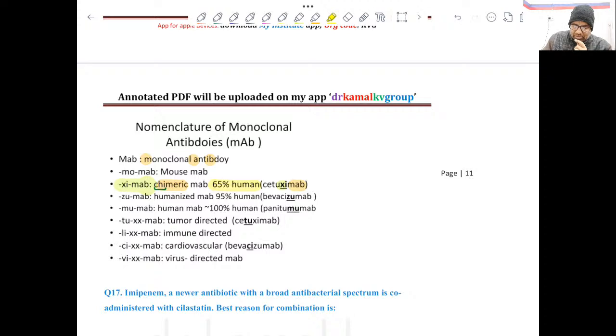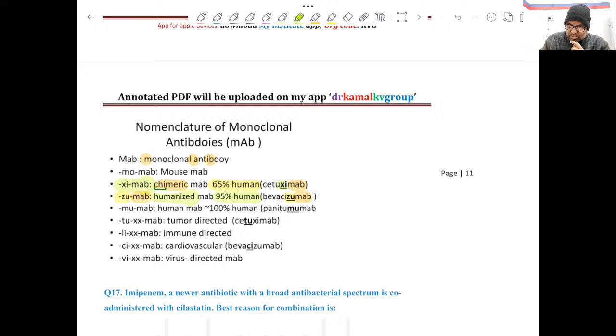At times you can get the word zumab, like bevacizumab here. Again, MAB is obviously clear. Now the word zu means that it is humanized and nearly 95% of the content is human.